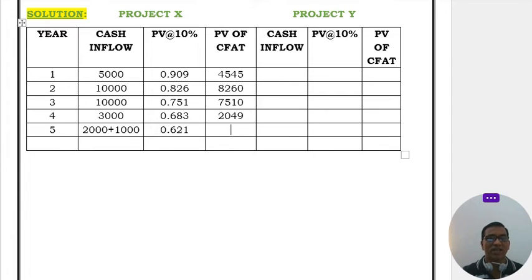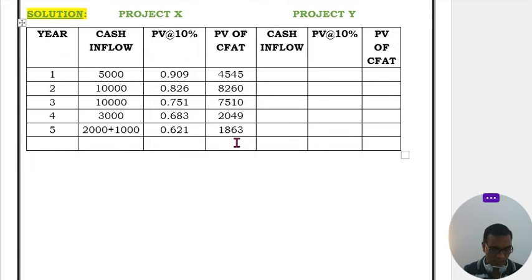And last year cash flow is 3,000, given cash flow 2,000 plus scrap value 1,000, total 3,000, my dear. So 3,000 multiply with 0.621, that is 1,863. And what is the total?